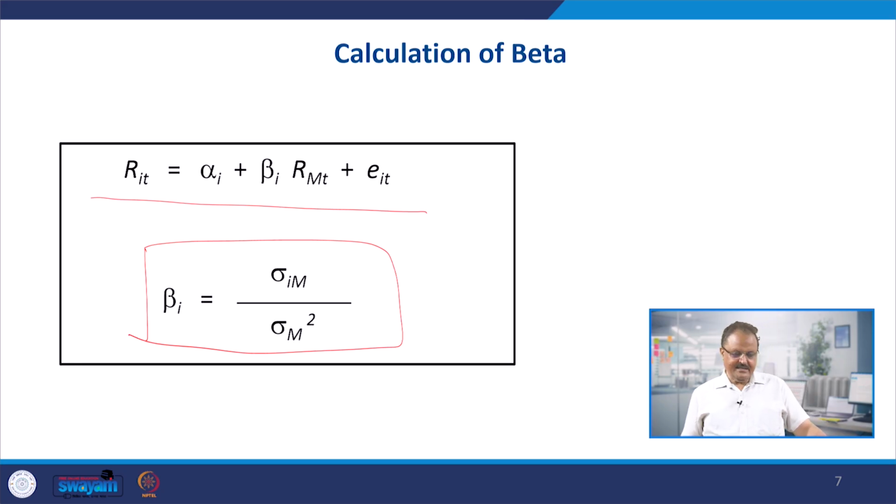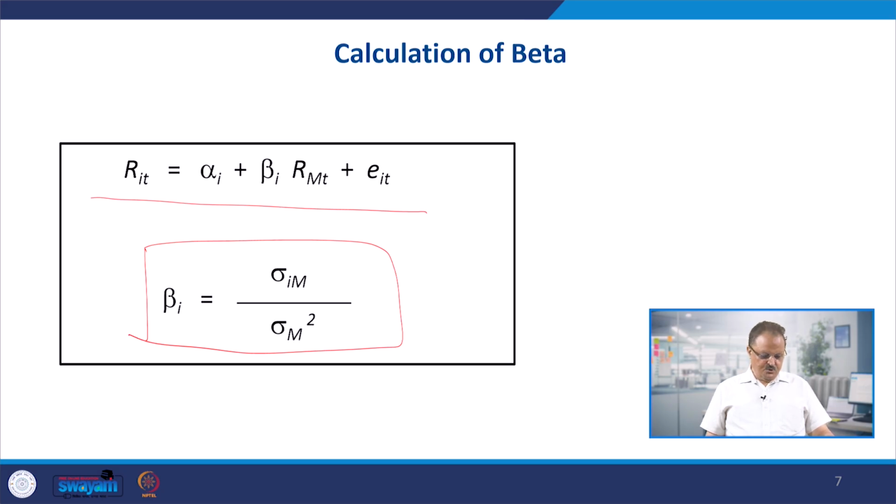So you first take the covariance of the return on the individual security and the market return. This data is easily available from existing published sources. Divide this covariance by the variance of the market return, and finally you will get the value of beta.